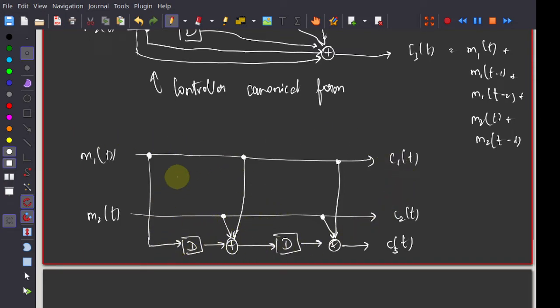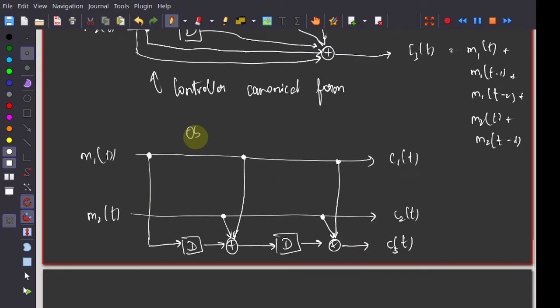Whereas in this particular approach, the total number of delay elements is exactly equal to the maximum delay. You don't need any more, irrespective of the number of input streams, right? And the total number of adder elements again now could be different. It's exactly equal to the number of delay elements, right? After each delay or before each delay element, there could be one or multiple such input streams, adder elements.